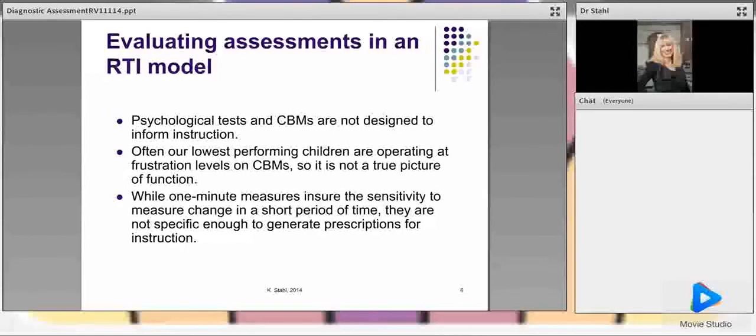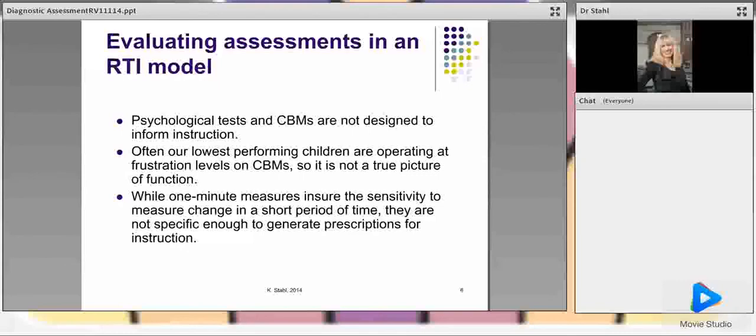So what we really want to do is look at what kinds of diagnostic measures we can use to target specific learning needs that our children have. And one of the challenges with using CBMs to act as a diagnostic is that often the children who need the most help are performing at frustration levels on those CBMs.